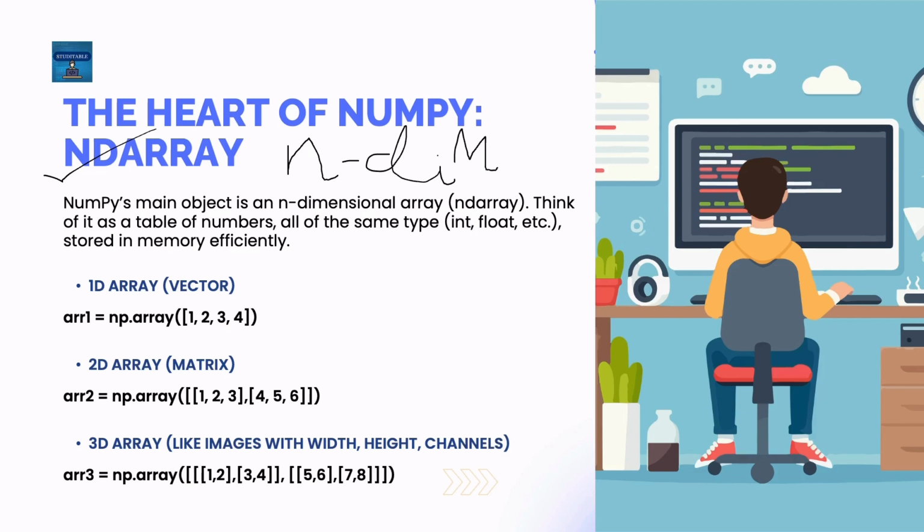It helps in efficient storage and fast mathematical operations, which is kind of the backbone of NumPy. So an n-dimensional array is more like a Python list, but it supports multi-dimensional data, efficient storage, and faster mathematical operations, making it the backbone of NumPy.